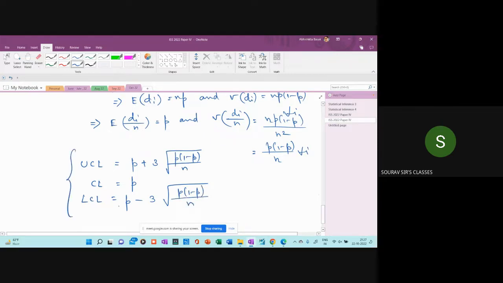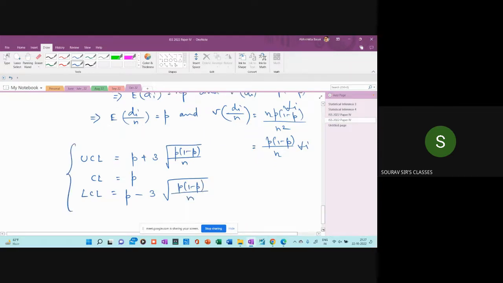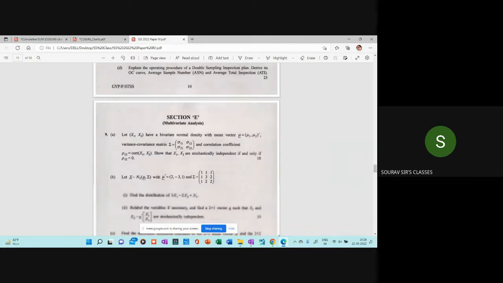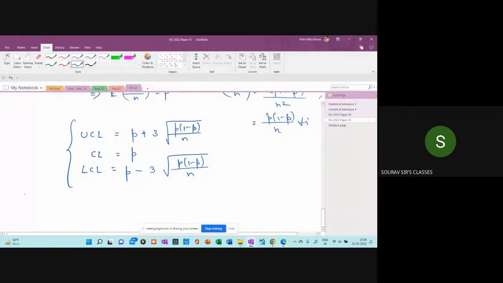These are the general three lines we can have. Under these situations, how we will obtain the procedure is already done: the standards are given and standards are not given. So we will go for case 1, where standards are given.